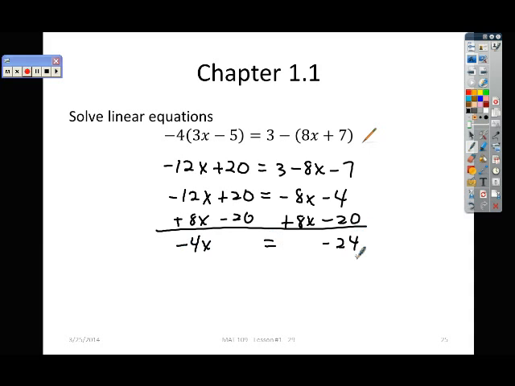So I wound up with 1 variable term on the left side and 1 number term on the right side. Divide by the coefficient of the variable, and you have an answer. Remember, your answer must be variable equals number, not minus 4 times the variable equals a number.